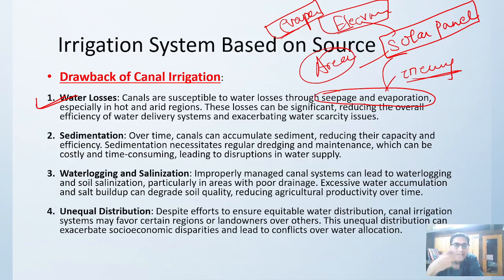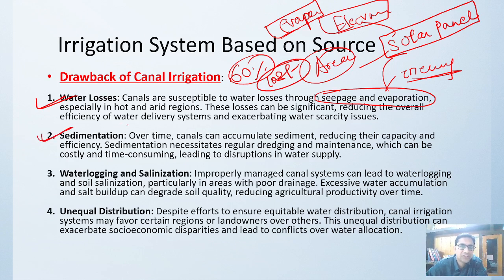Seepage has to be seen every time, we have to keep on doing repair work over there. Sometimes the seepage and evaporation is so high that around 60% water is lost. 60% water is lost, especially in the canal system, because of seepage and evaporation. Sedimentation over years of use.